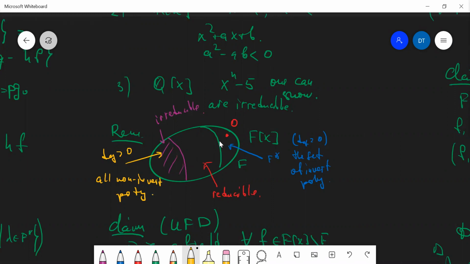Okay, because for polynomials with coefficients in a field, if you multiply two polynomials, the degree of the product is the sum of the degrees. So if you want f times g to be 1, and 1 is a polynomial of degree 0, then the degree of f times g must be 0. So the only option is that the degree of both polynomials is 0.